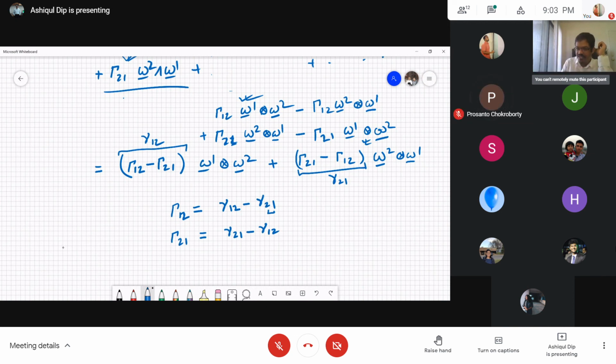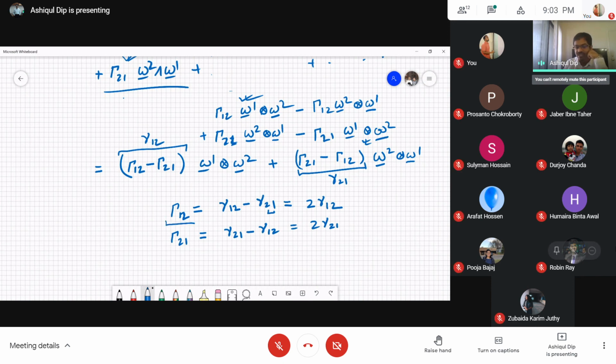If you switch these two indices, that gives you a minus sign that becomes plus. So it becomes twice small gamma 1 2. And if you do the same thing here, it just becomes twice small gamma 2 1, like that. So big gamma is written as these are the components.